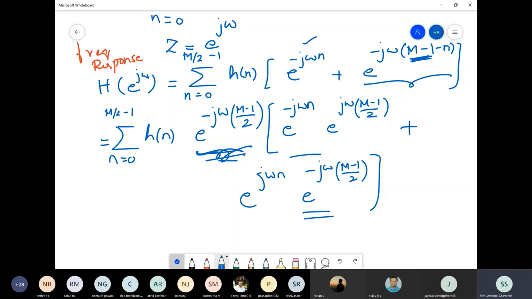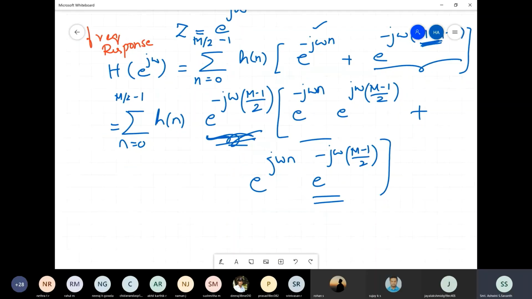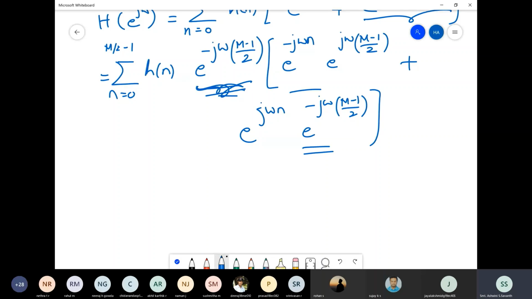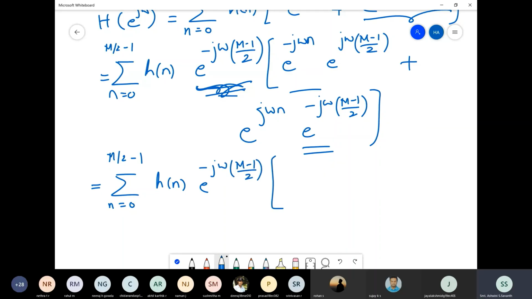Now let's just combine all these exponential terms and write it as summation n equals 0 to M by 2 minus 1, h of n e power minus j omega into (M minus 1) by 2. This term I'll just keep as it is.